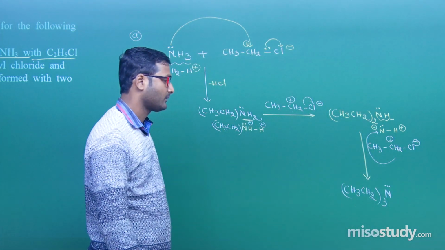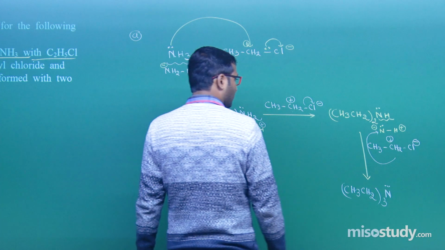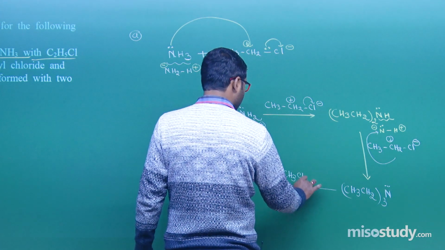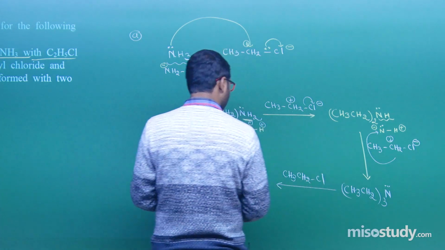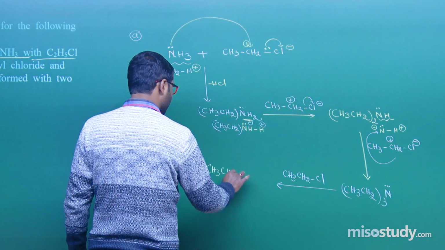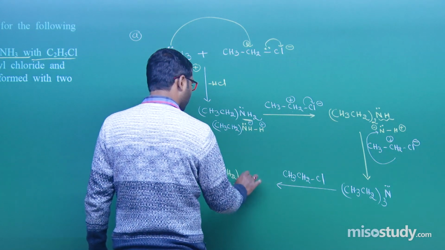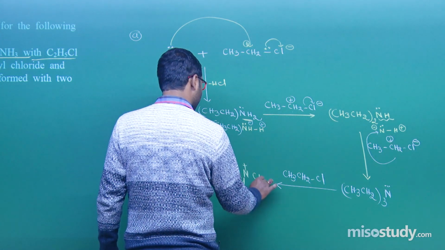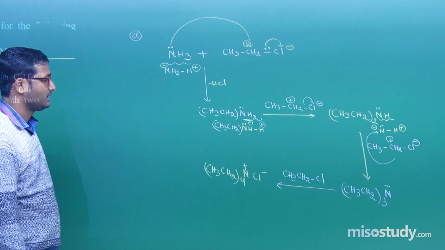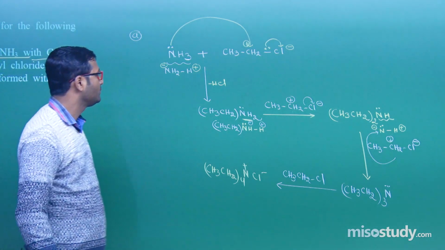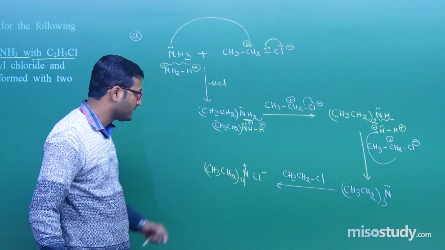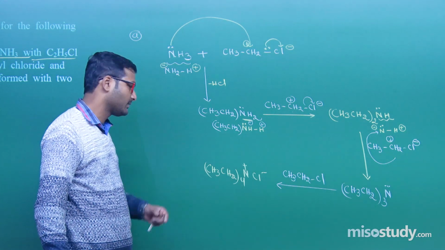Yes. Now again, when it is treated with one more mole of CH3 CH2 Cl, it forms (CH3 CH2) whole 4 N plus Cl minus. This is the final product, (CH3 CH2) whole 4 N plus Cl minus. Is it clear? Let me check once more.